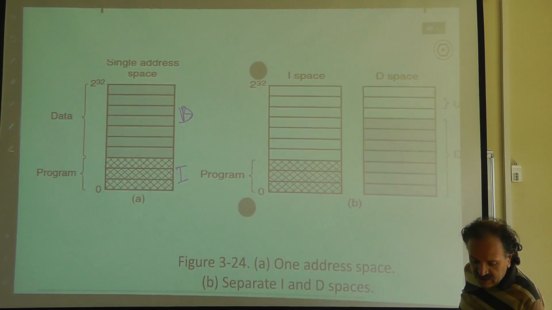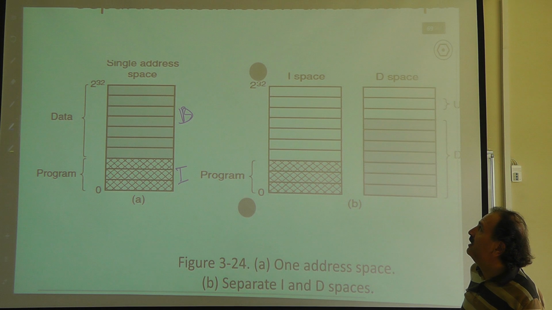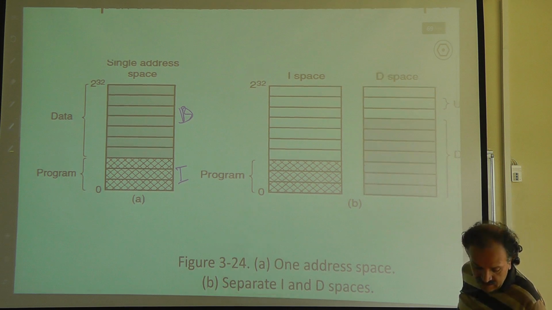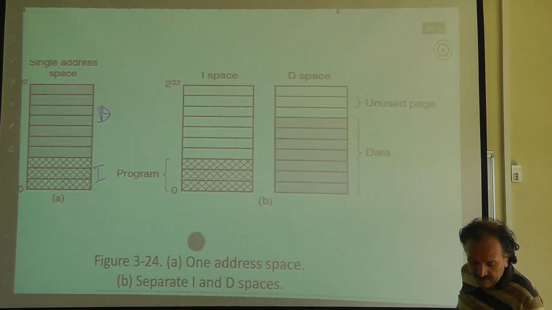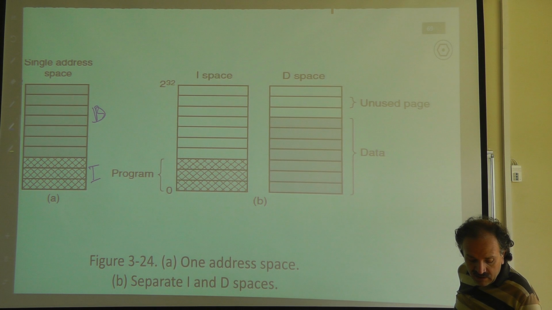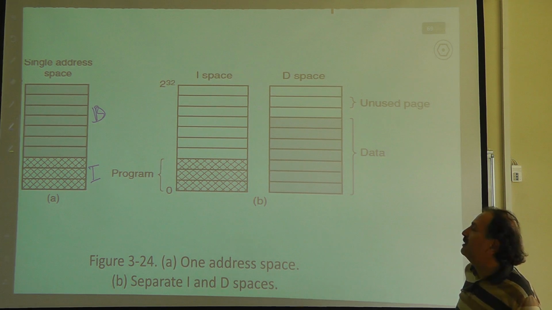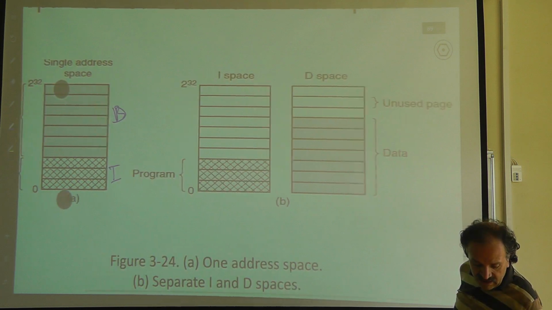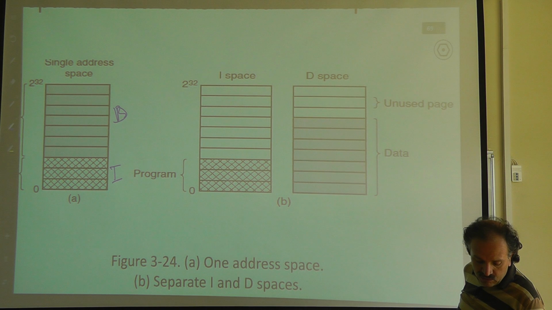There should be an instruction space and there would be a data space. Now I have all the space for the instructions and for the data, there should be enough space for both of them, and I should be fine. If the original space is not large enough, then I could use such a solution.